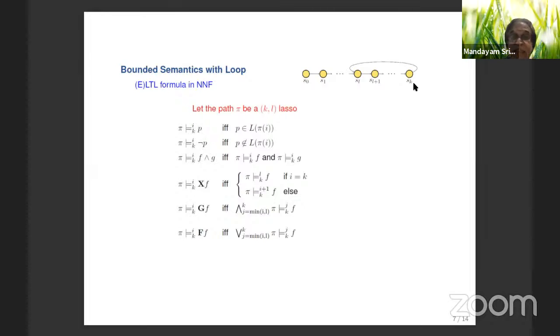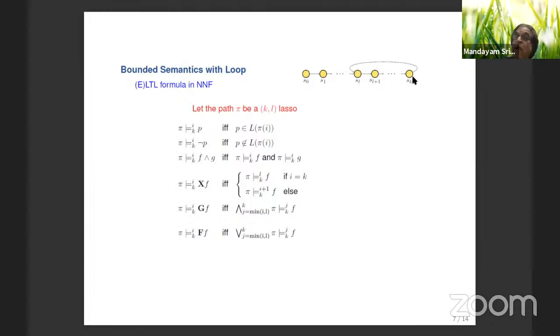Whereas here, since you know that this path is an infinite repetition, it's going back to sl. So if i is equal to k, then you start from the suffix of the path from sl, and then up to k.